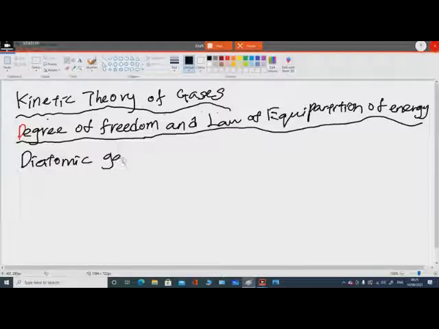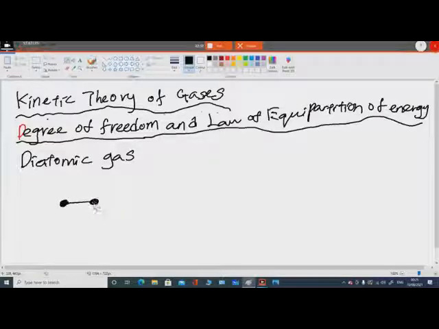So what will be the structure of diatomic gas? Diatomic gas, of course, we know is two atoms which are bonded together, as we learned from chemistry.